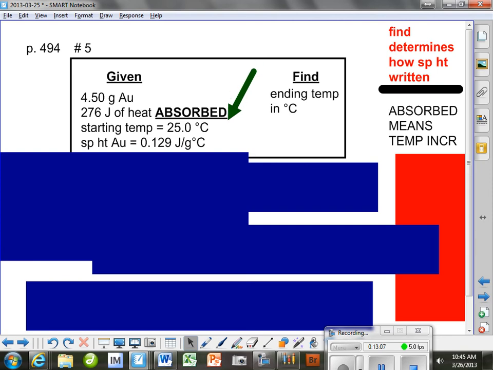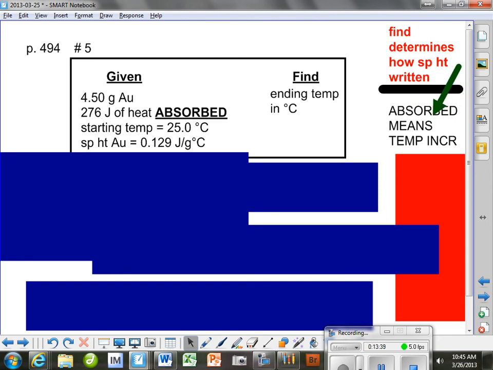This temperature right here is meant to be the delta T, like we had in the last problem. In the last problem, they gave us delta T. In this case, we're going to have to calculate delta T. And when we have the delta T, we can add it to this guy because the temperature is going to go up.